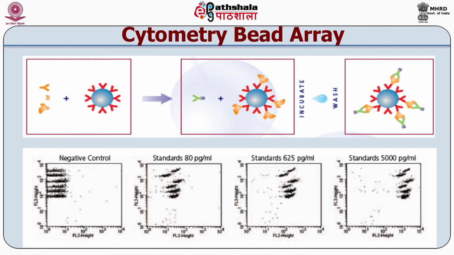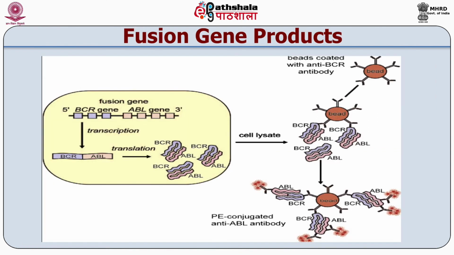The same technology can be applied for hybridization-based analysis for the detection of specific nucleic acid sequences. The flow cytometric immunobead analysis can also be used to detect fusion transcripts. Initially, this assay was developed for the detection of BCR-ABL1 fusion proteins in CML lysates, and it was envisaged that it can be used for the diagnosis and monitoring of CML patients for initial response to therapy.